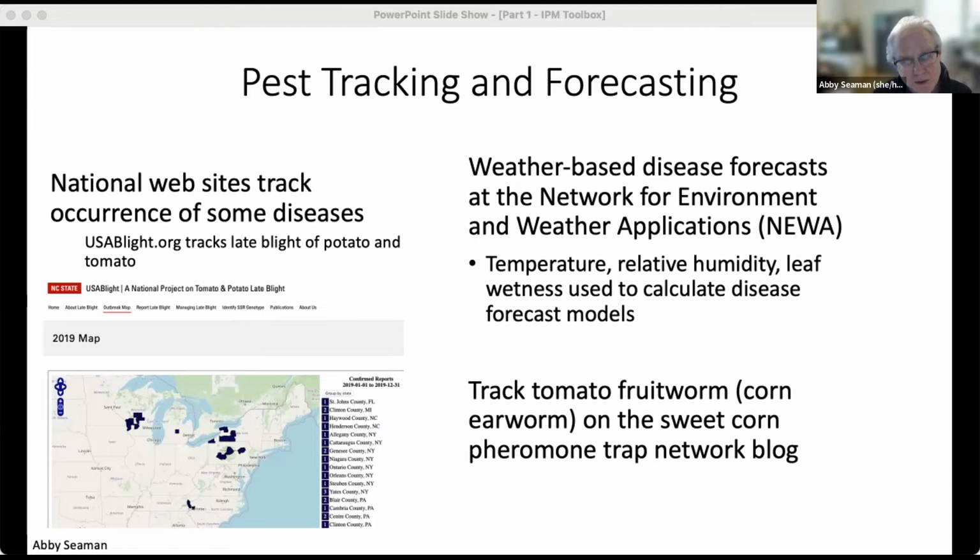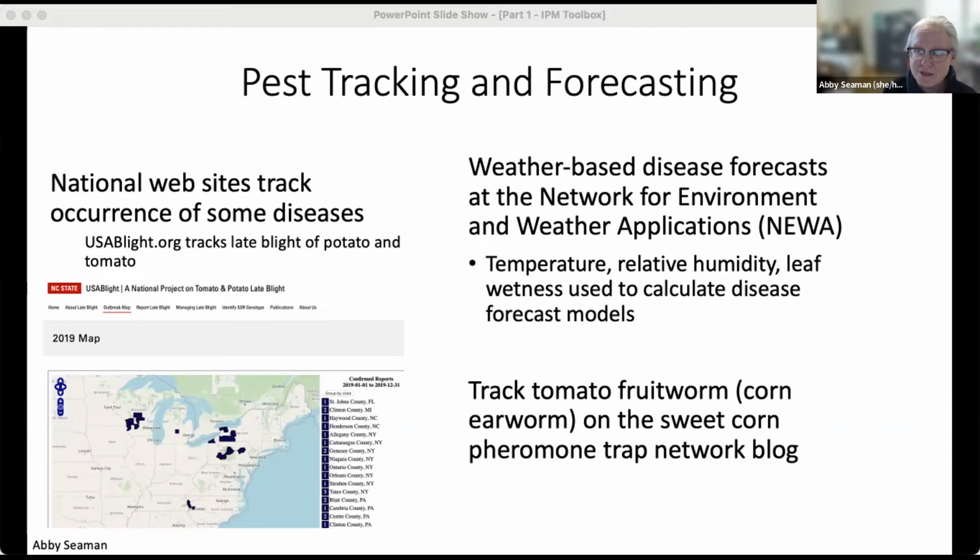There are some tomato disease forecasts also on the Network for Environment and Weather Applications, also called, more easily, NEWA. And NEWA consists of a network of weather monitors that are on farms, mostly owned by farmers, that take in weather data from those farms, usually temperature, relative humidity, and leaf wetness.